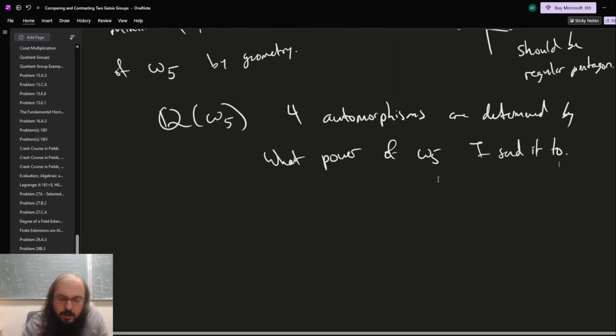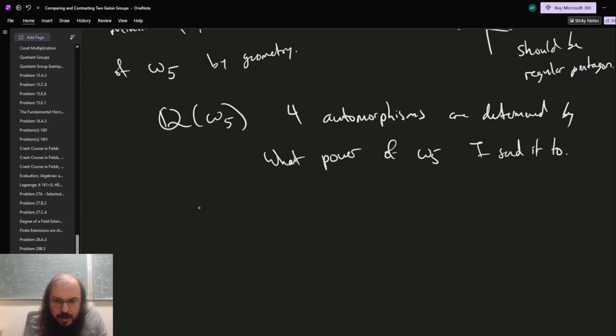And so in that way, we can see that if I take, for example, the simplest one, how about I send 1 to 1, of course, and then I send omega 5 to omega 5 squared. That seems like a simple enough thing to do. We could call this element sigma. What is sigma squared?